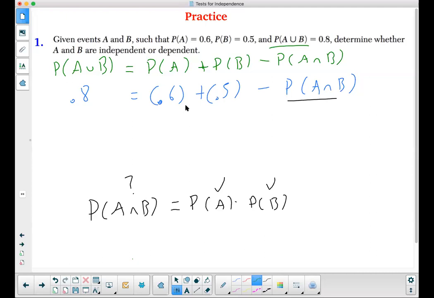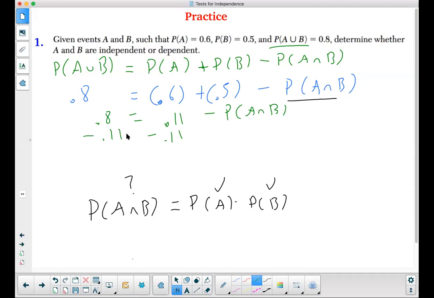So let's go back. 0.6 plus 0.5 is 1.1, minus probability of A and B. 0.8 equals 1.1 minus the probability of A and B. So we subtract 1.1 on both sides.